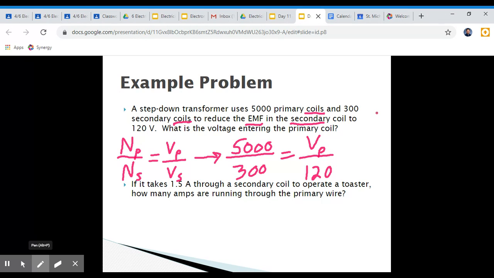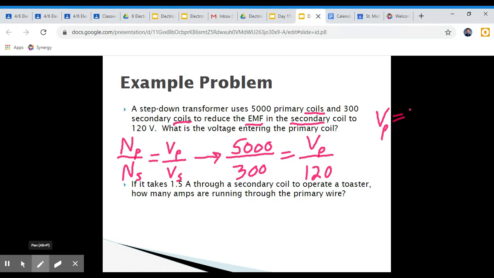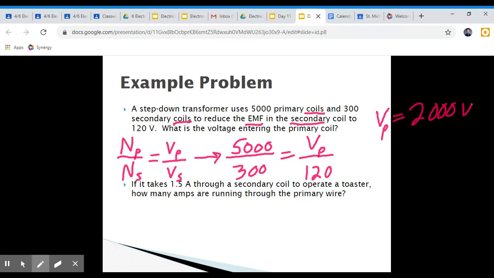And now I can solve for this ratio. Take a second to solve for that. And hopefully you end up getting 2,000 volts in that primary. Okay.